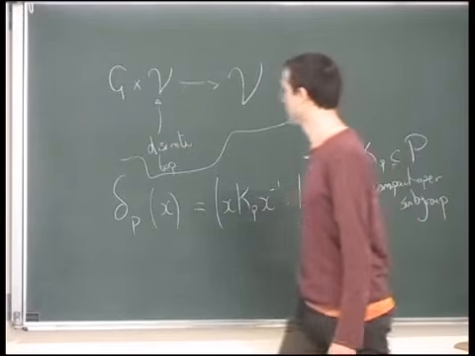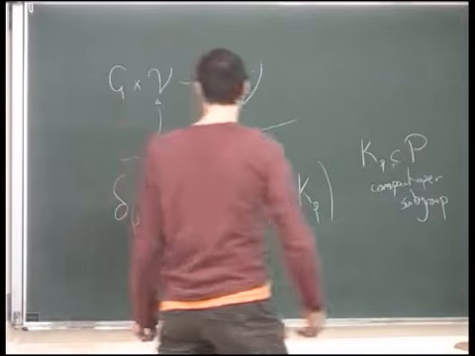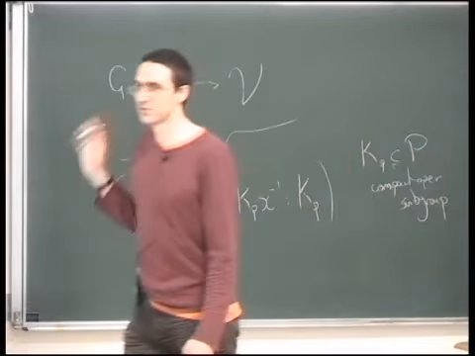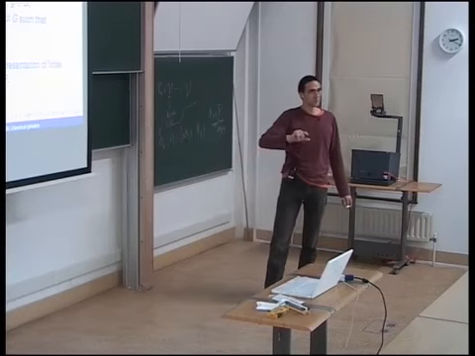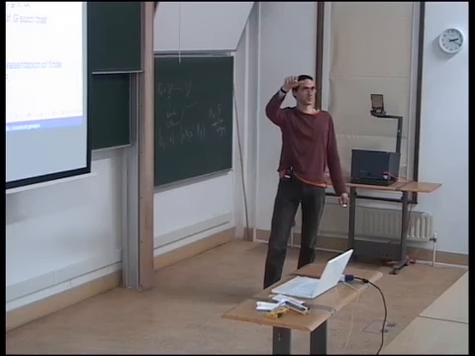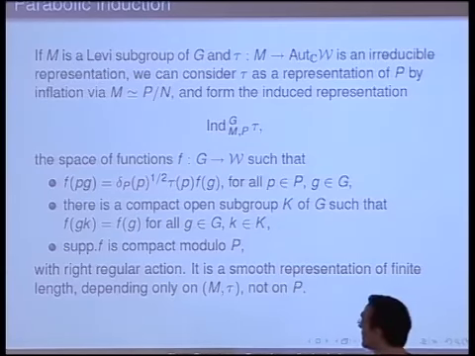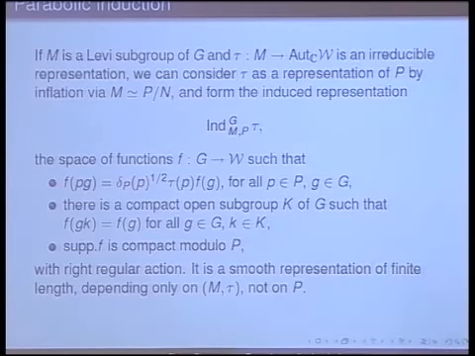Okay, so if P is the whole group G, this is trivial. But in general, for parabolics, this is not trivial. And the reason for putting this in, so you get what's called normalized induction, is, for example, to make sure that unitary representations induce to unitary representations. Okay, because not everything is unitary.